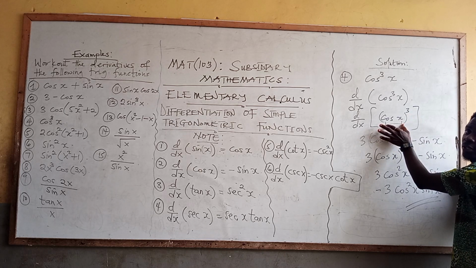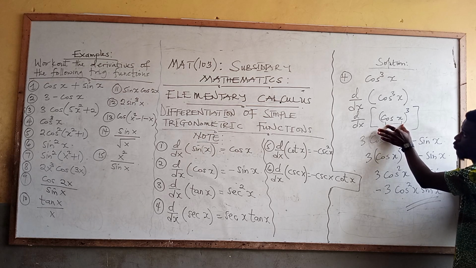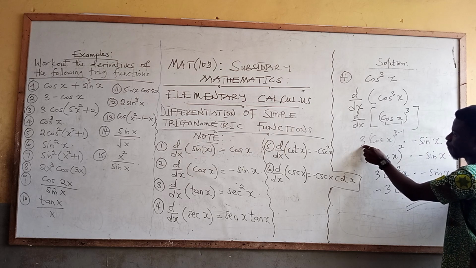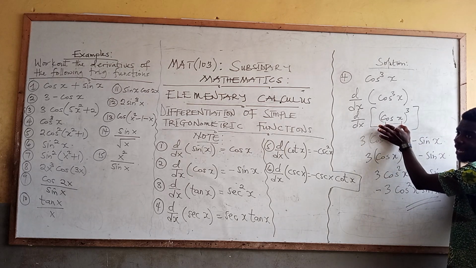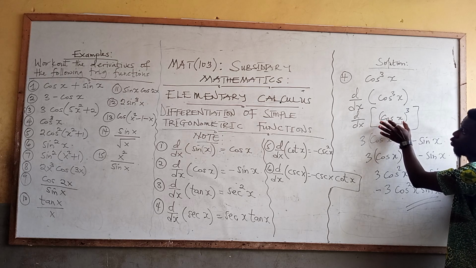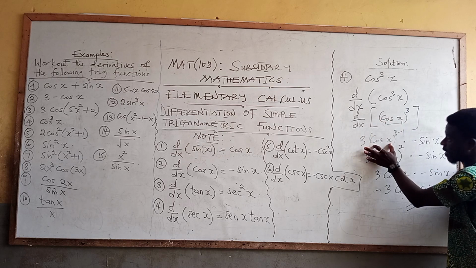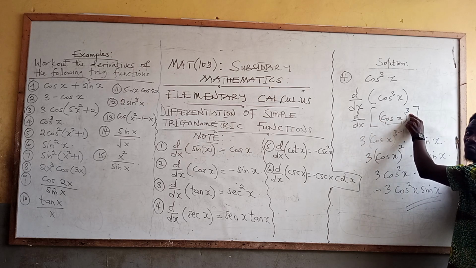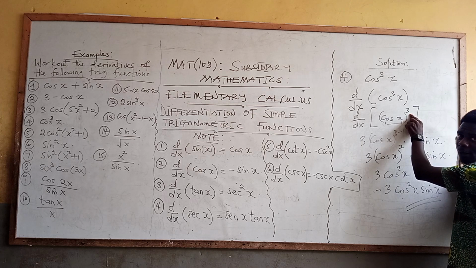Then how do we differentiate this? We differentiate using the chain rule. Don't forget, using the chain rule. This 3 drops, right? Then you multiply it by the trig function cos x. Then now we subtract 1 from the total exponent, which is 3.